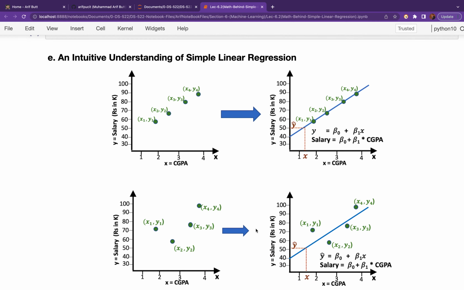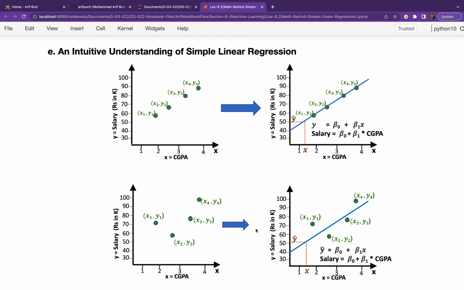Okay. Let me start by giving you an intuitive understanding of simple linear regression using these four graphs. Consider this top left scatter plot between one independent or input variable, which is the CGPA, plotted along the x-axis, and one dependent or output variable, which is the salary in thousand rupees, plotted along the y-axis.